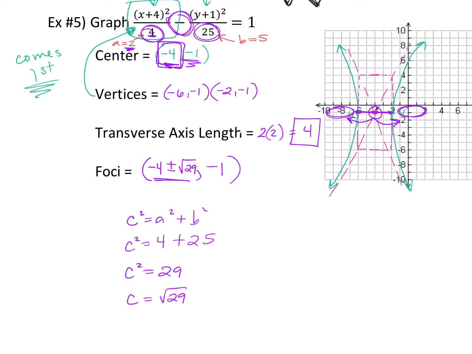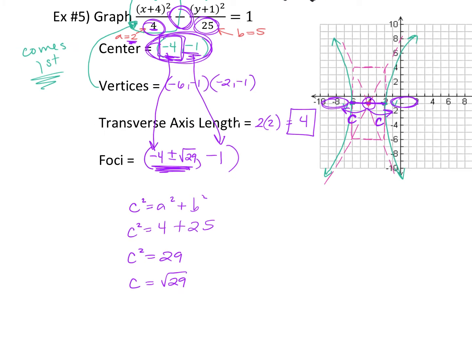We don't want decimals. So you're going c units to the left and c units to the right of that center point. So you just take your center, the -4 and the -1, and we just add to the x value because we moved left and right. Okay?